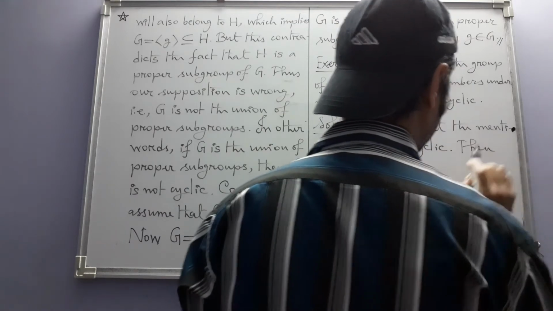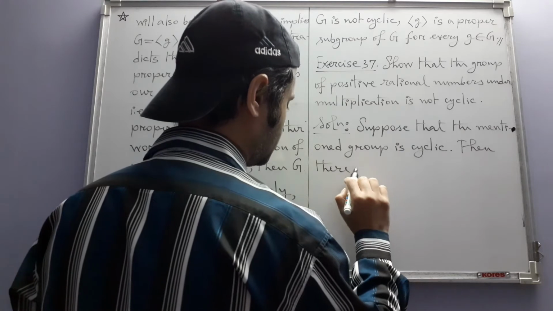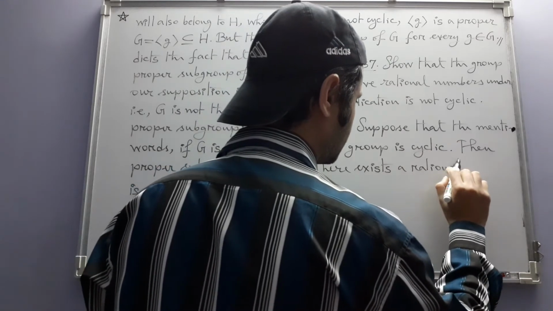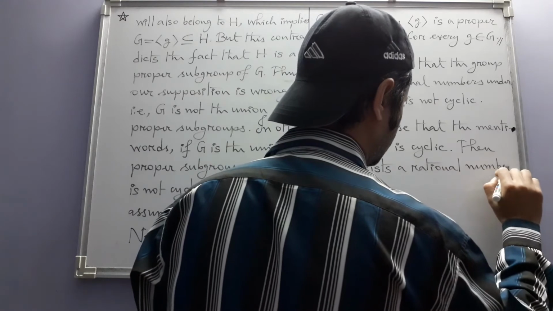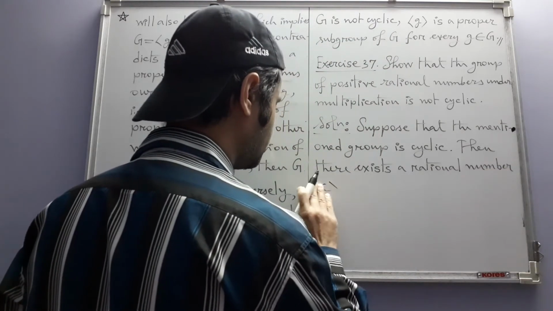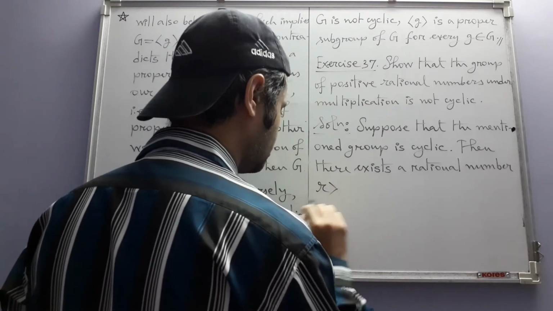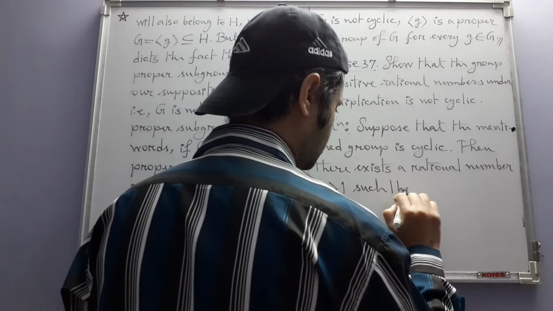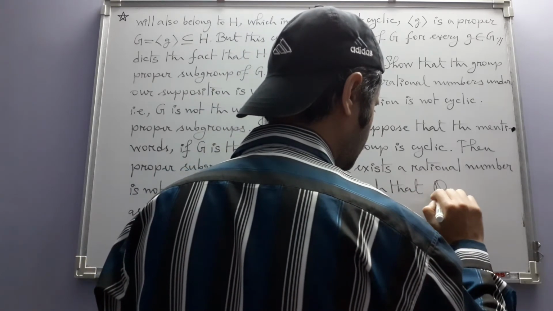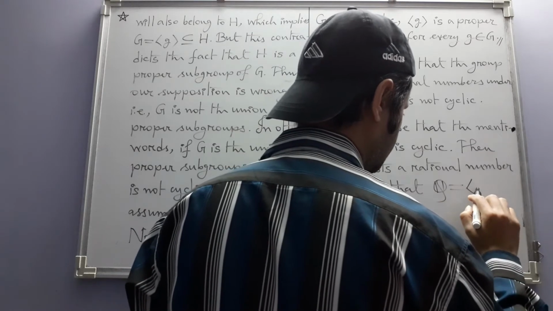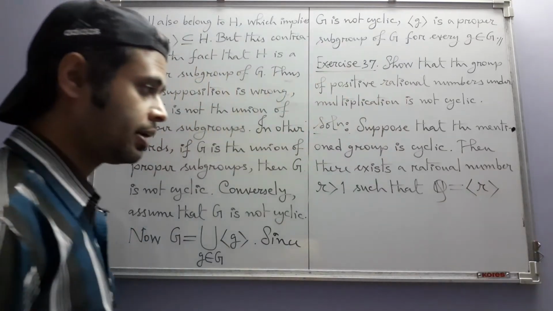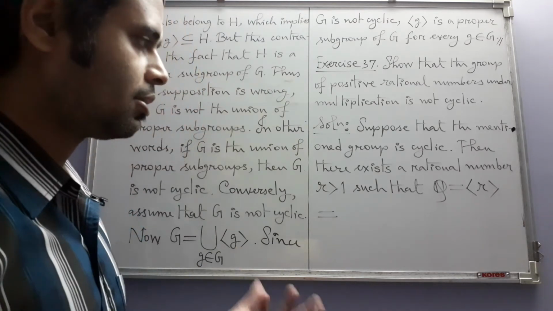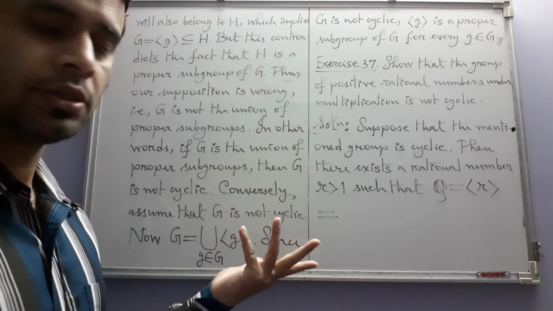Then there exists a rational number x, or in fact since we are considering rational numbers, let us denote it by r, greater than 1, such that the set of rational numbers is generated by r, and this consists of all the integral powers of r, because that is the definition of a cyclic group.